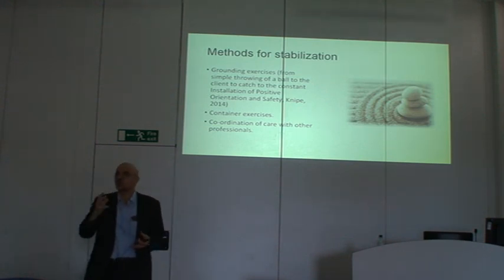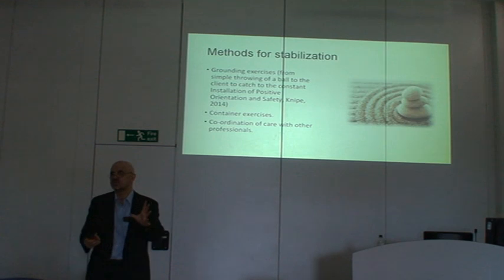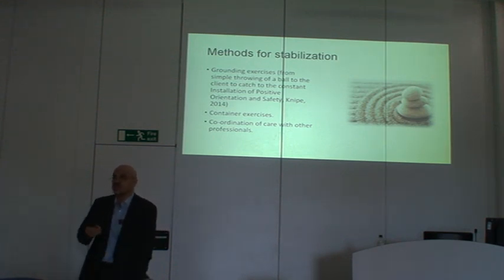There is also a more complex one, which Jim Knight's book, EMDR Toolbox, describes very well, and I've been using it really successfully: the constant installation of positive orientation and safety.